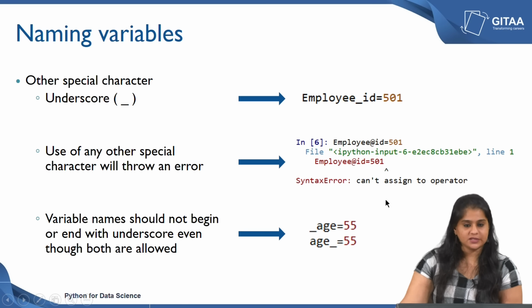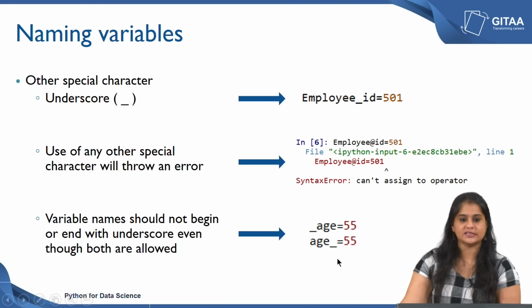Though underscore is allowed, it is better to not begin or end with an underscore, and that is a commonly followed naming convention, though it is accepted by the compiler. If you begin or end with an underscore, you are not likely to get an error, but it is usually not a practice that is followed.